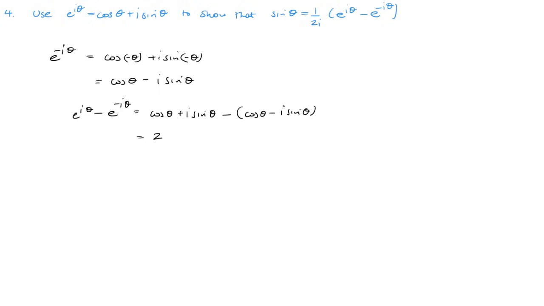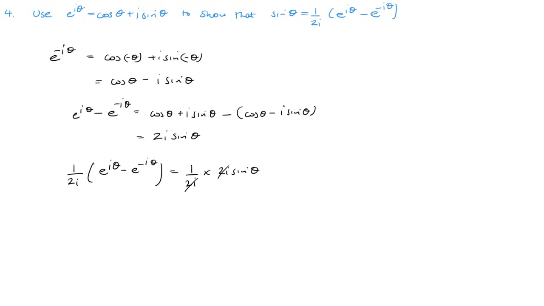So we're going to have 2i sine theta. Okay, so that's what I've got. So now 1 over 2i times e to the i theta minus e to the minus i theta will give me 1 over 2i times 2i sine theta.